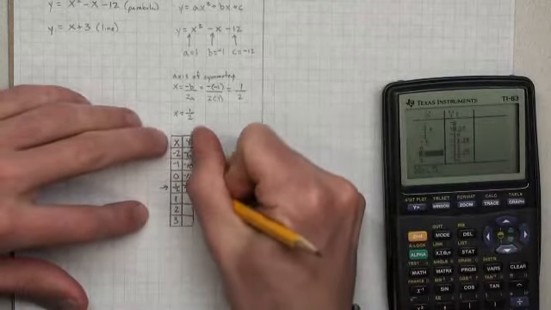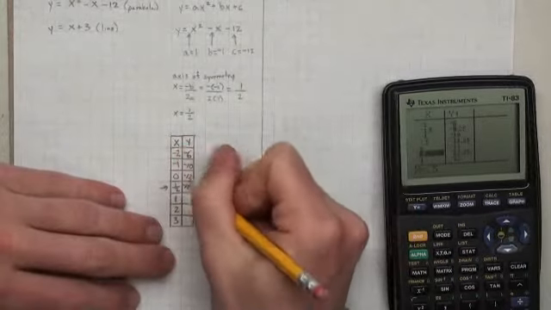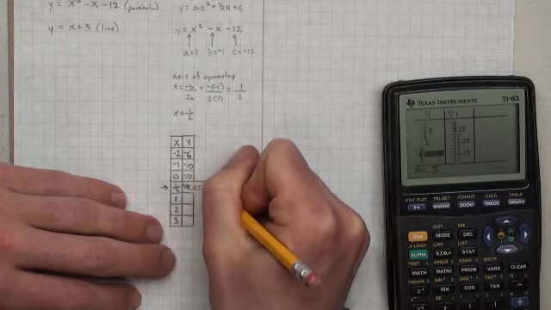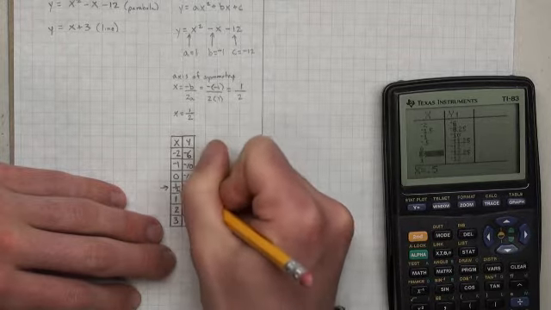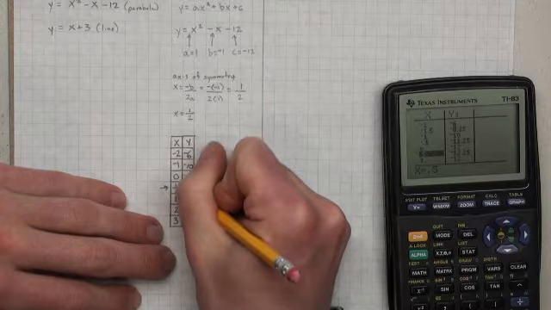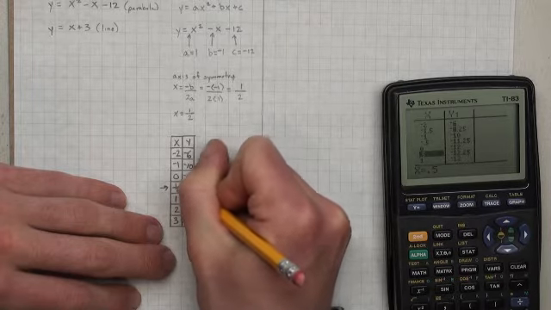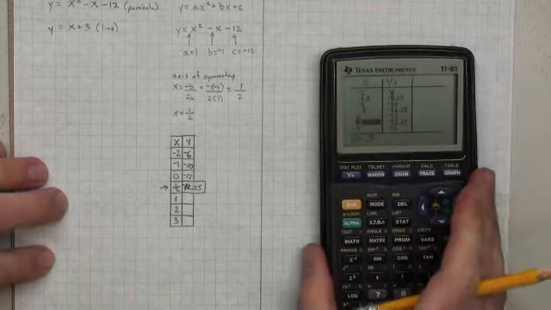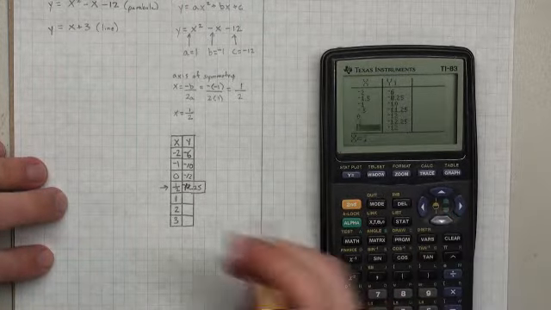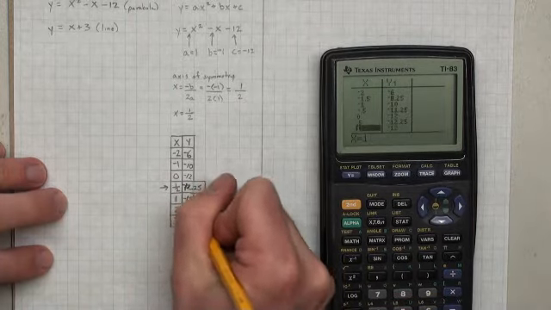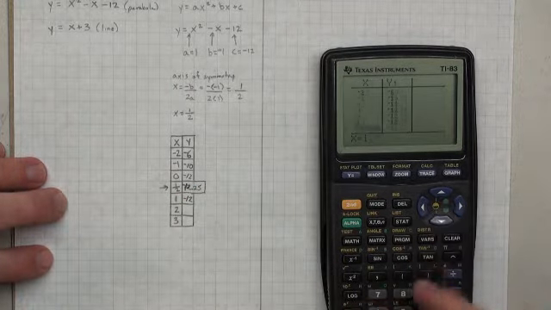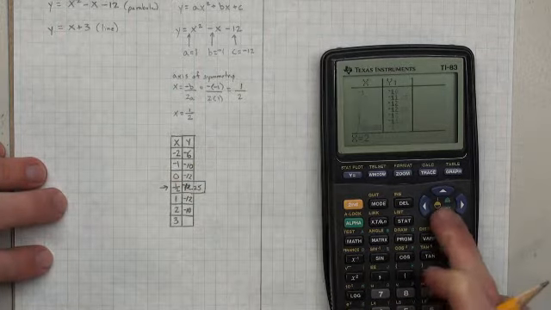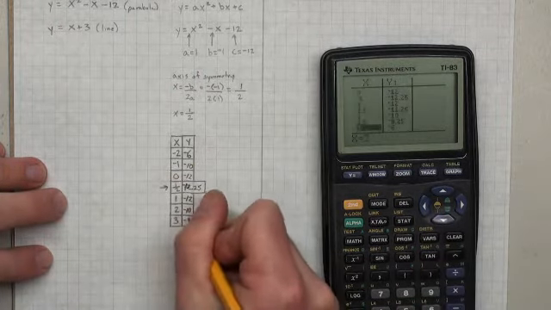I'm actually going to just extend my table a little bit here. -12.25. Okay. At 1 we're at -12 again, so now we're going back down the other way. At 2 we're at -10, and then at 3 we should be at -6. Okay.